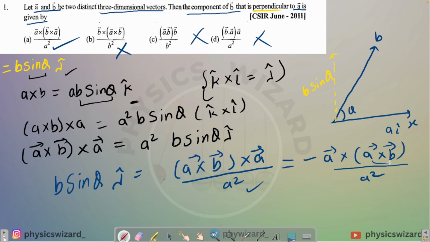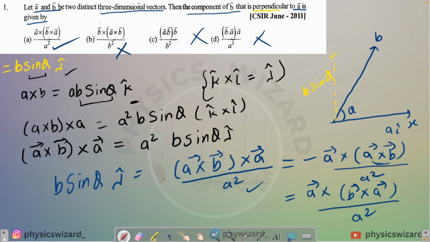Now if we interchange these two, we get an extra negative sign and it cancels this sign, and we get vector A cross B vector cross A vector divided by A square. So it is exactly matching answer A.